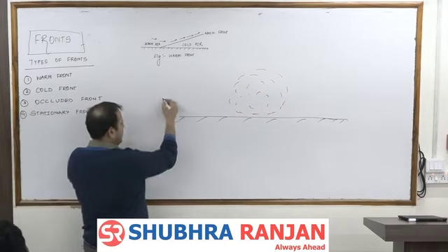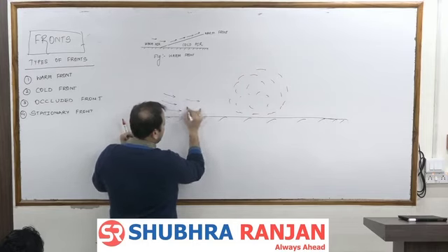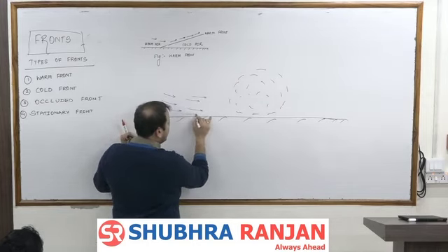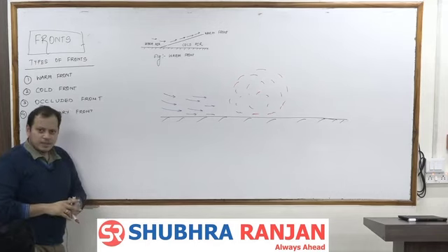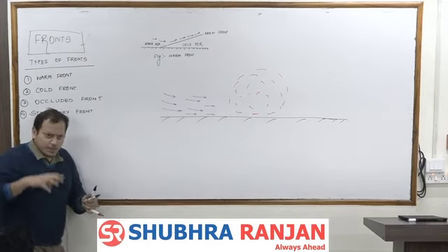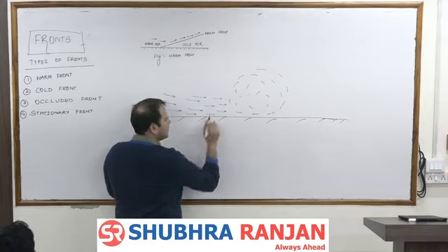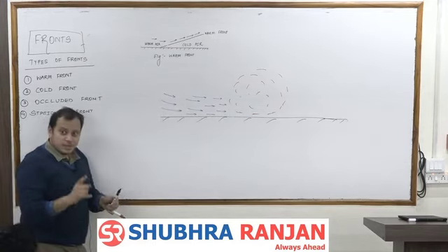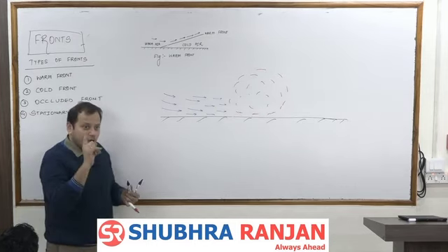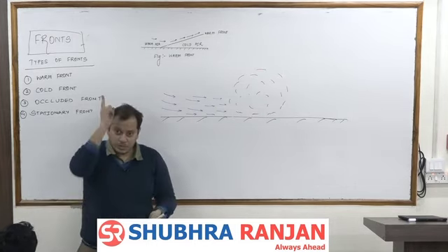The cold air is coming downwards, flowing with very, very less speed. Why? Because friction is more. When it comes in contact with the warm air, which air will go up? Warm air. How does the warm air go up? The cold air comes and vertically throws the warm air upwards.